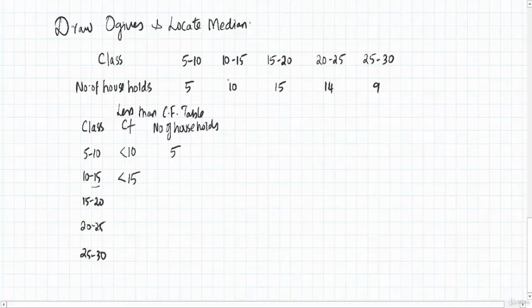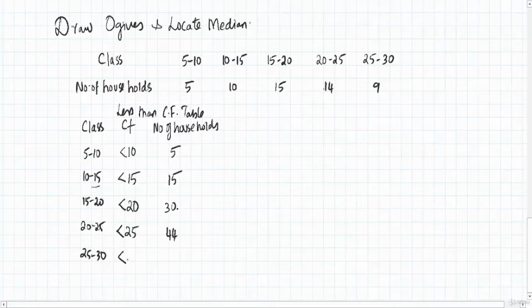So I know it is 10 for 10 to 15, and for less than 10 it is 5. So it is 10 plus 5, so it is going to be 15. Then, how many households are less than 20? It is going to be 15 plus 15, that is 30. How many households are less than 25? It is going to be this 30 plus 14, so it is 44.